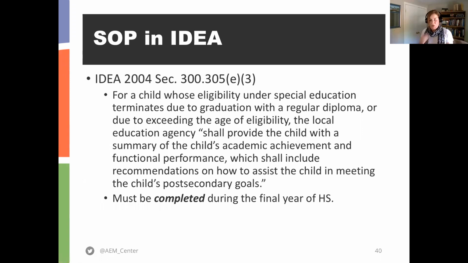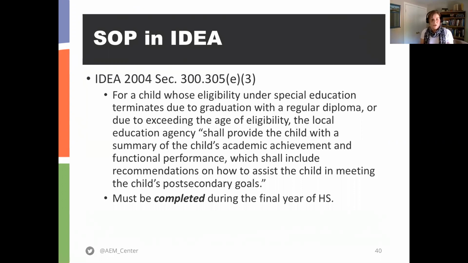But the summary of performance can be started way before that. So the summary of performance should be something that the transition team has in mind along the IEP process. So even though it doesn't need to be completed until the final year of high school, that doesn't mean that it gets started at the student's final IEP meeting before they exit high school.